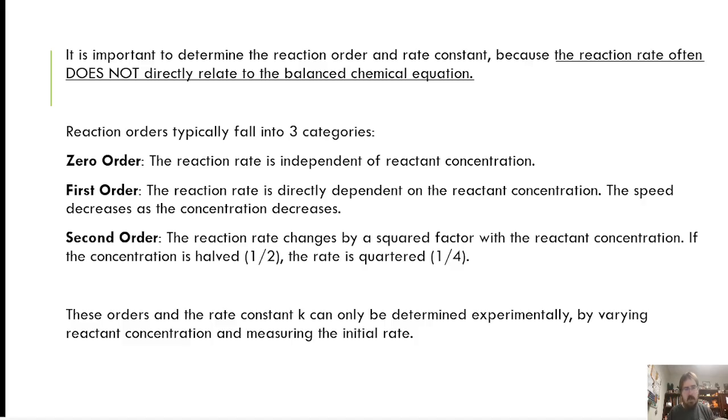So if the concentration halves, the reaction rate is quartered. Now these orders and the rate constants can only be determined experimentally, and the easiest way to do that is by varying reactant concentration and then measuring the initial rate. How fast does it go?